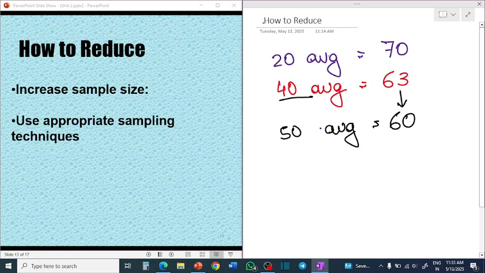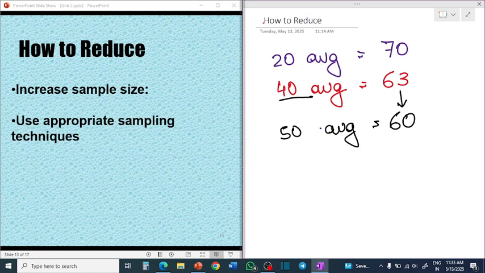Second is to use appropriate sampling techniques. We have discussed in detail the different sampling techniques, and for different purposes we have to use the appropriate sampling method according to that particular area.